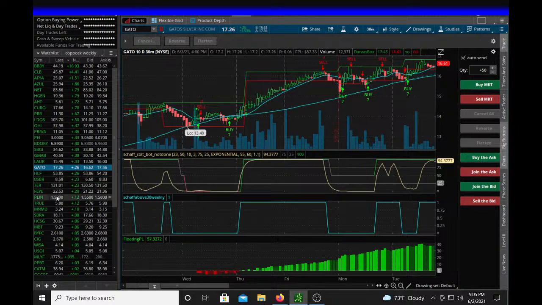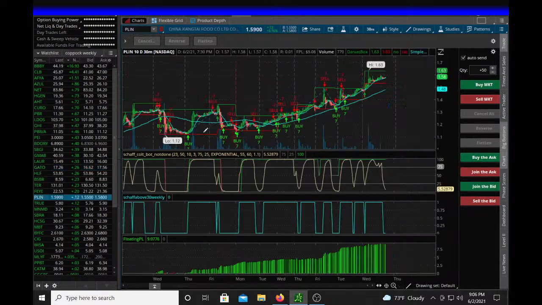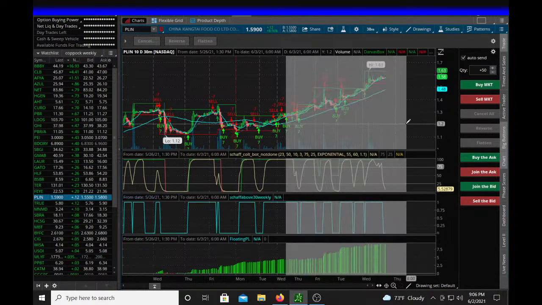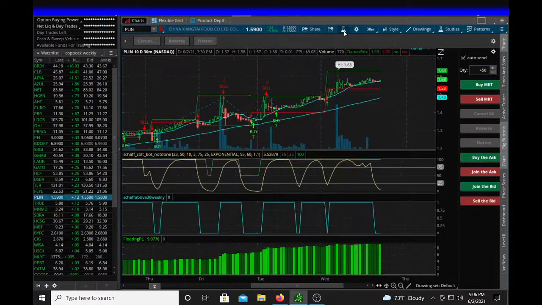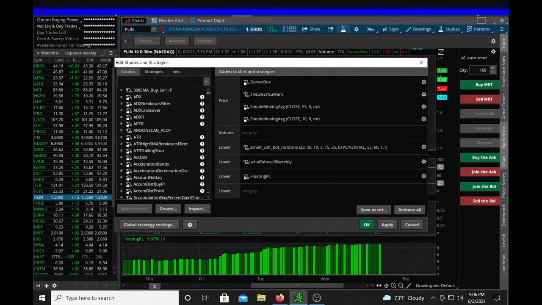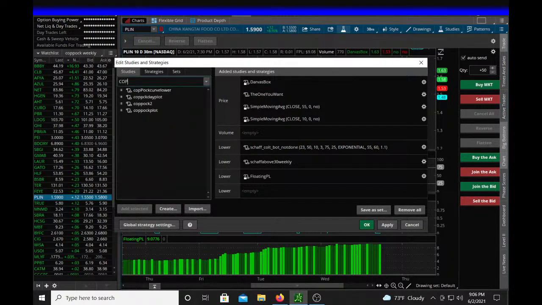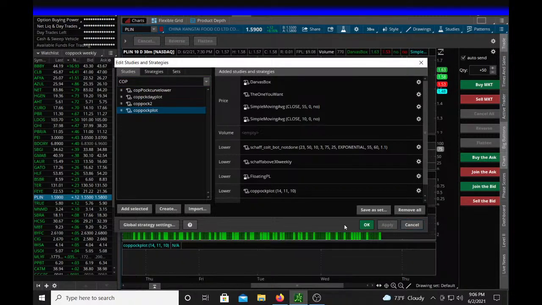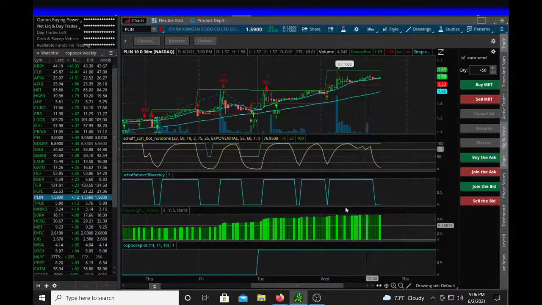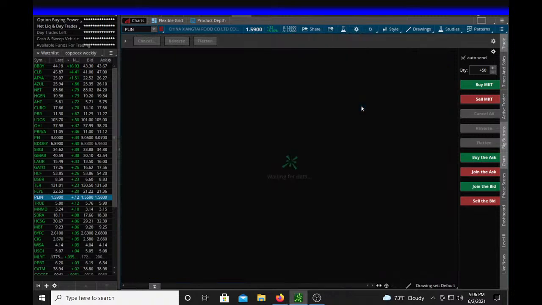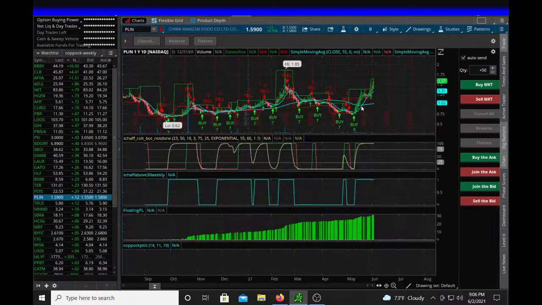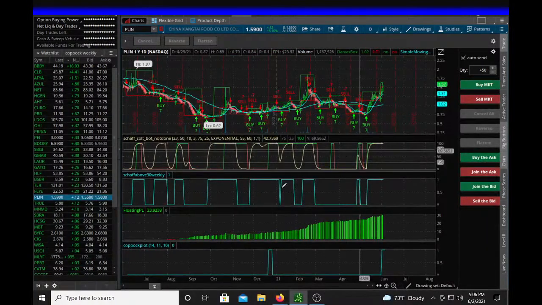What else is on our list here? Let's see. PLIN. And these are Kapok on the weeklies. Interesting. Let's just pull up the Kapok plot. Interesting.